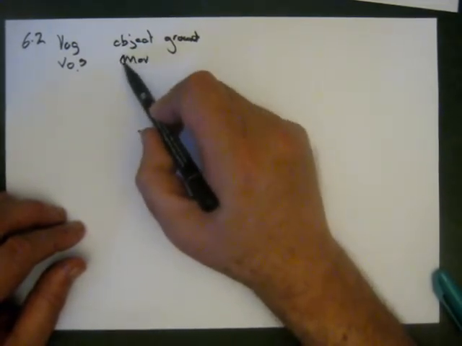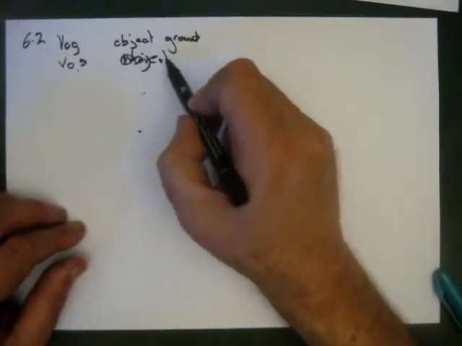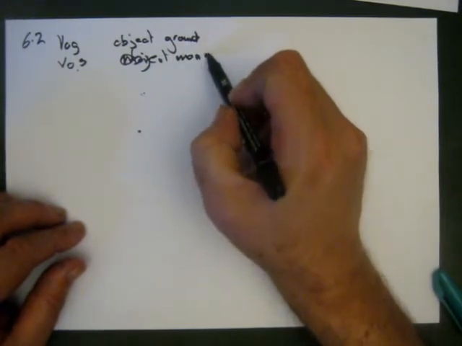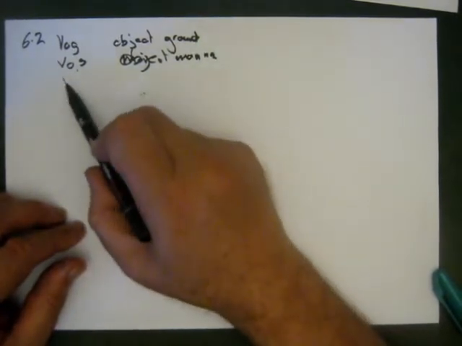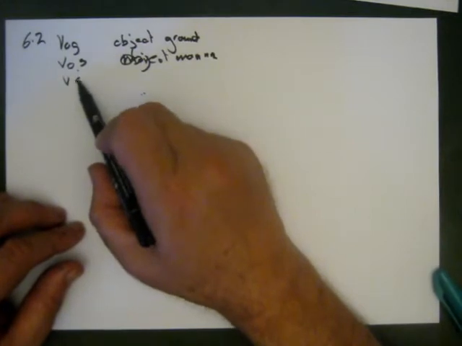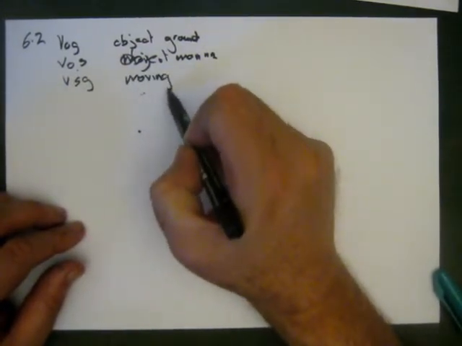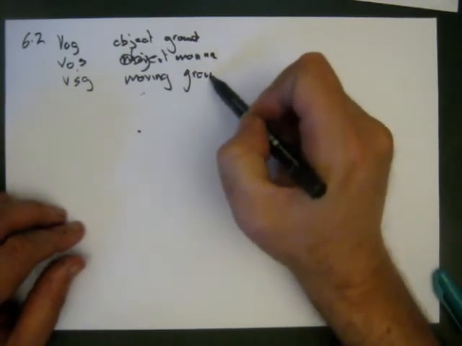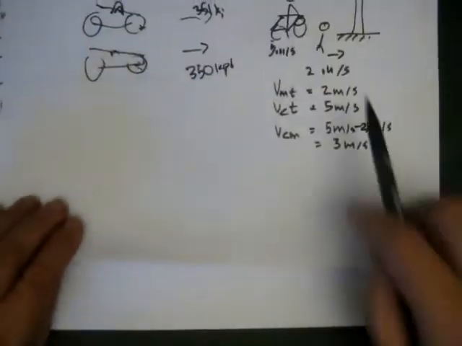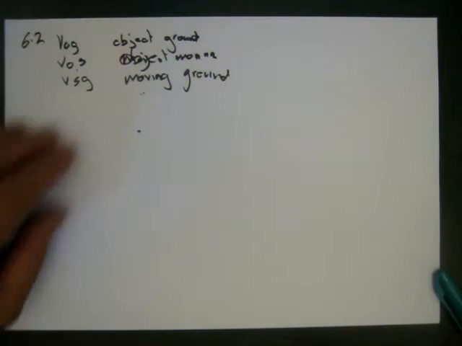And velocity, moving system, ground, which is basically just a very complicated way of saying what I was saying here.